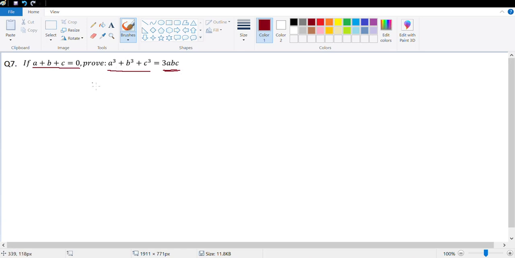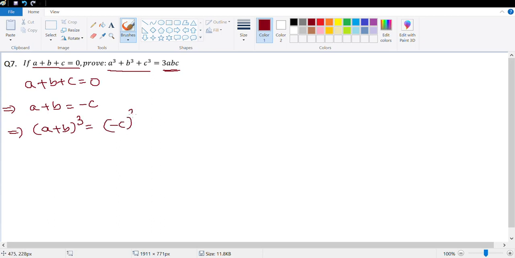So let's do it. a plus b plus c is equal to 0, which means a plus b is equal to negative c. Let's take cube of both sides, which means (a plus b) whole cube is equal to (negative c) whole cube. This gives me a cube plus b cube plus 3 times ab multiplied with (a plus b) is equal to negative c cube.